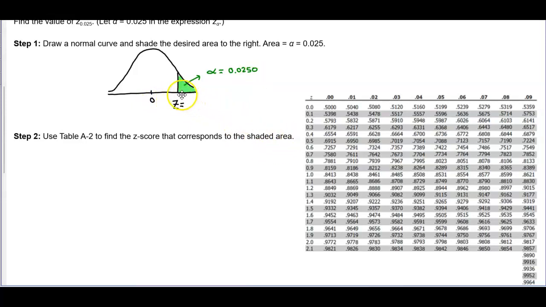Now what we're going to need to do is find the area that's to the left. So we're going to shade the area that's to the left of this curve. And we want to find out what is the area to the left of that curve.